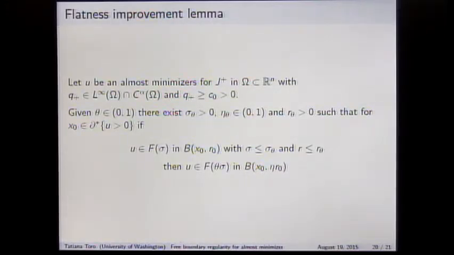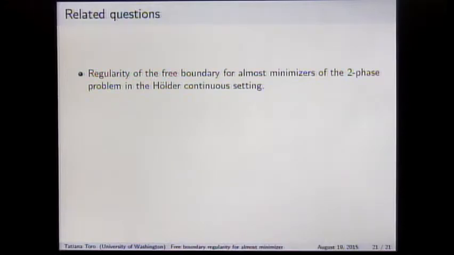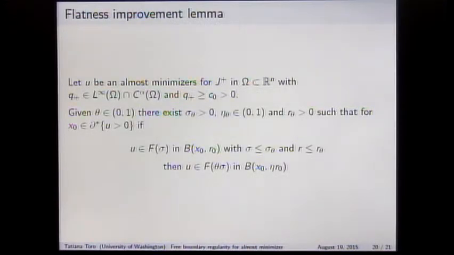So now let me tell you what are the things that are left that we are thinking about, and let me tell you why we started doing this. So what's left? Sorry, I should have emphasized, this yields the C1 alpha regularity, C1 beta regularity, where we're looking for the free boundary.